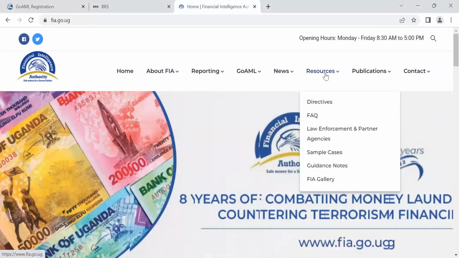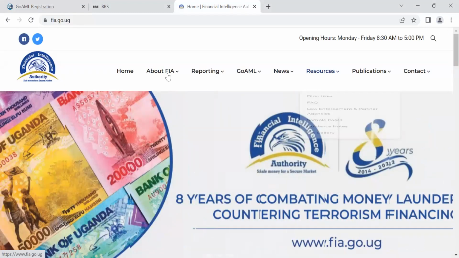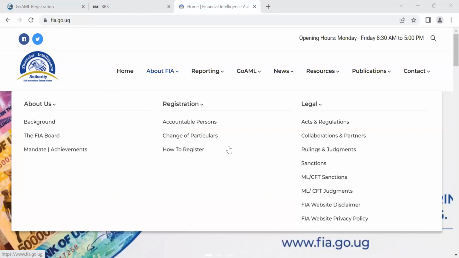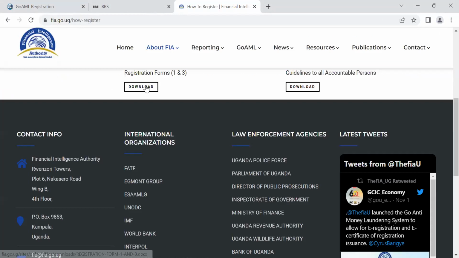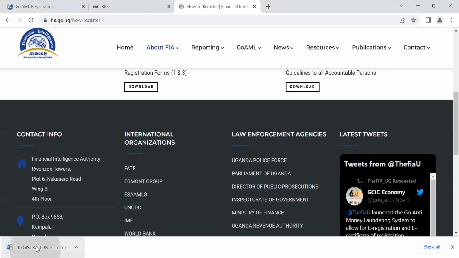If you come to our website, under how to register, about FI, you'll see Form 1 and 3 here, and this is how they look. So there are just 6 attachments. Form 1 and Form 3, download them from our website.